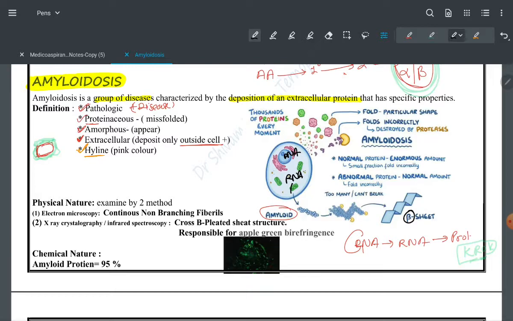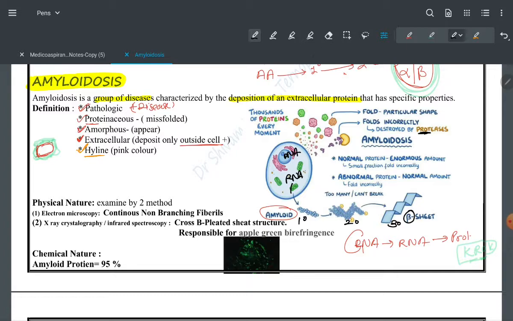You can see that this is the tertiary structure, this is secondary, and this one is primary. So here, of the enormous amount of normal protein, a small fraction folds incorrectly. Okay. So here it is abnormal. The fold of a particular shape is incorrect, and when it is incorrect it is destroyed by protease enzymes, and that is how amyloidosis is formed, right?